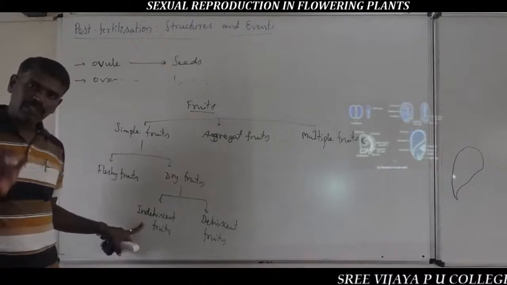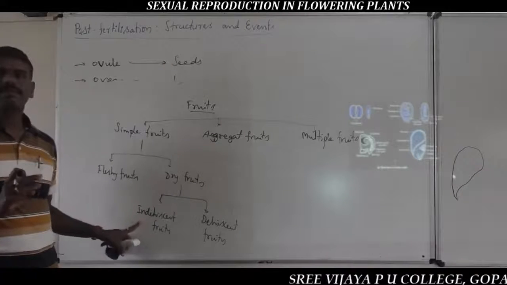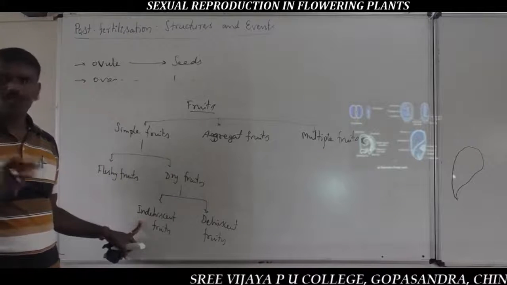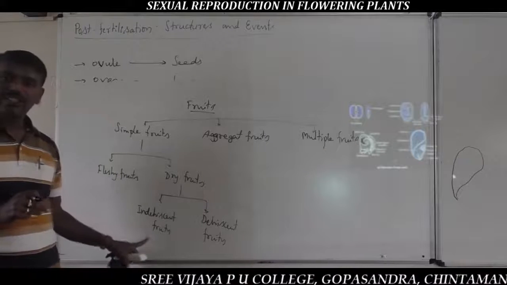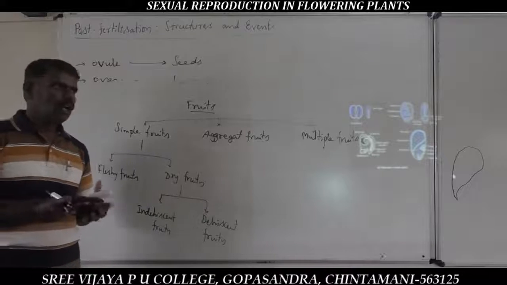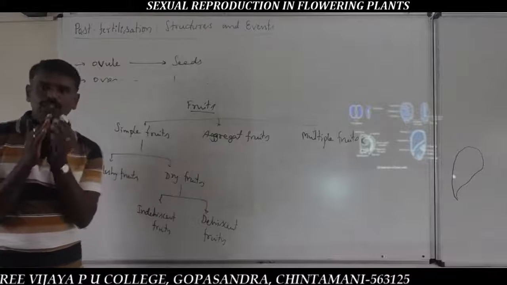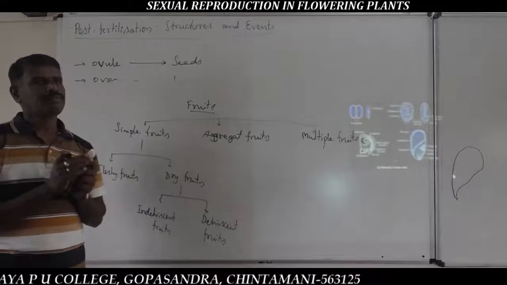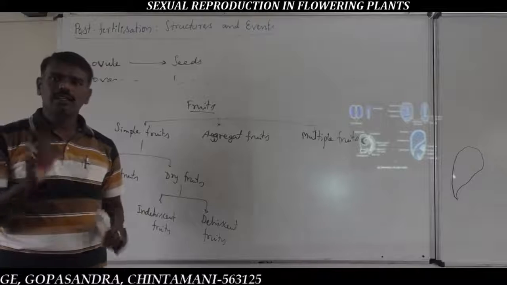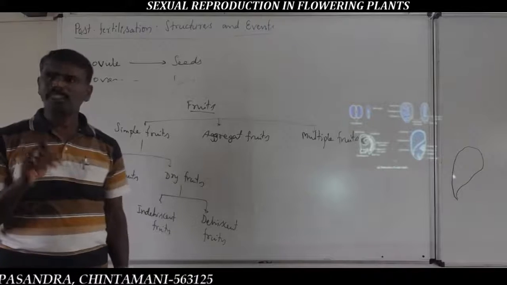Indehiscent fruit means the fruit does not open, like walnut or groundnut. Dehiscent fruits, after completely maturing, slowly open, like certain beans, the pulses fruit.